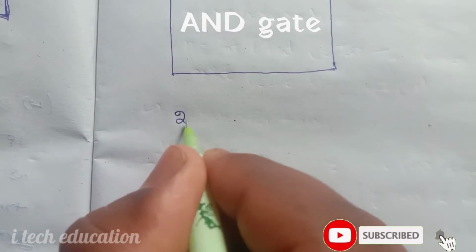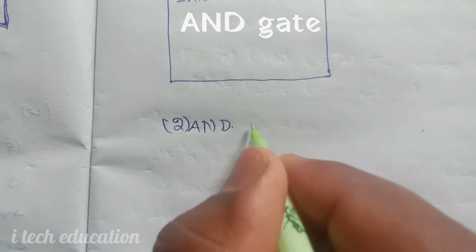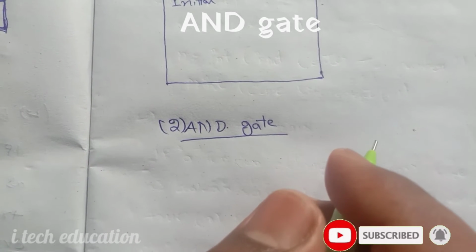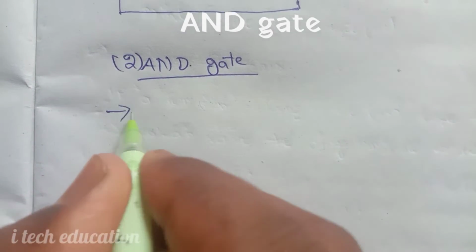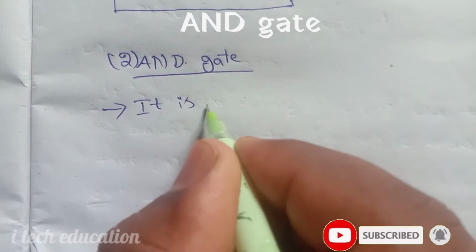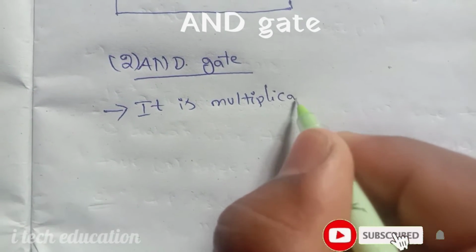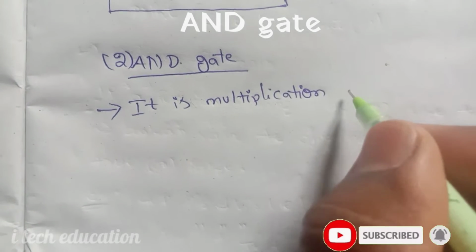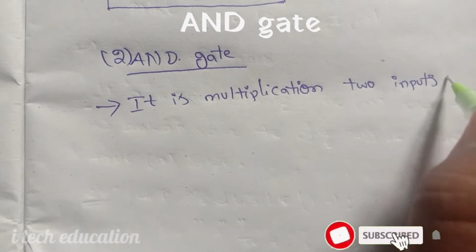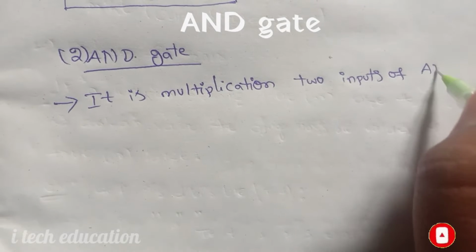See the second one, that is AND gate. The definition of AND gate is: it is multiplication of two inputs of AND gate.